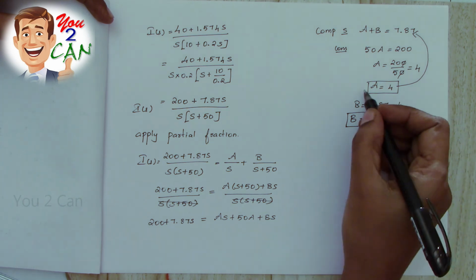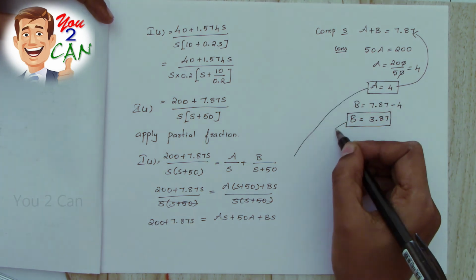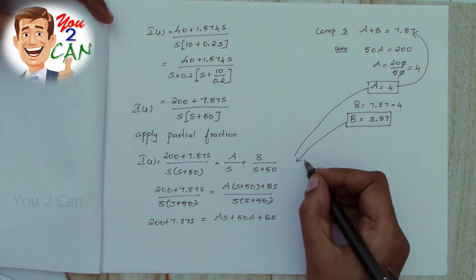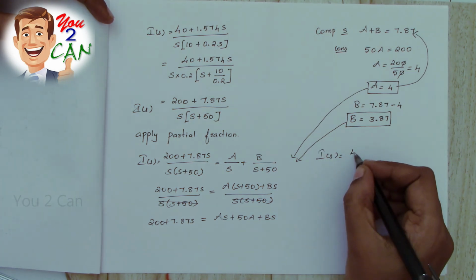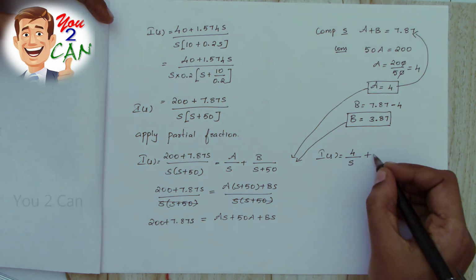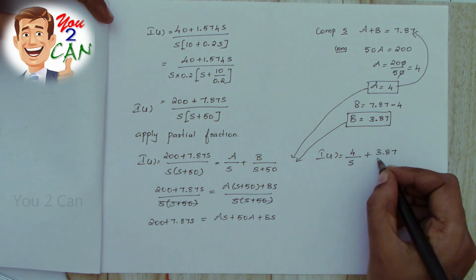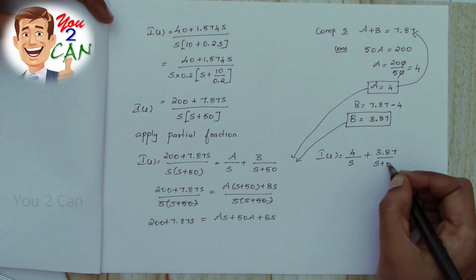Now substitute the values of A and B in this equation. I of s is equal to 4 divided by s plus 3.87 divided by s plus 50.